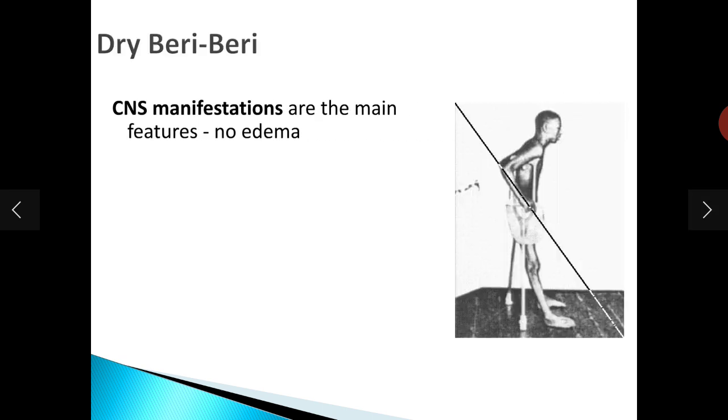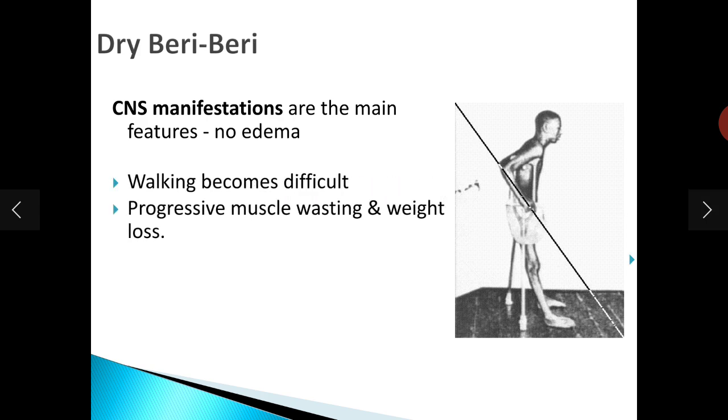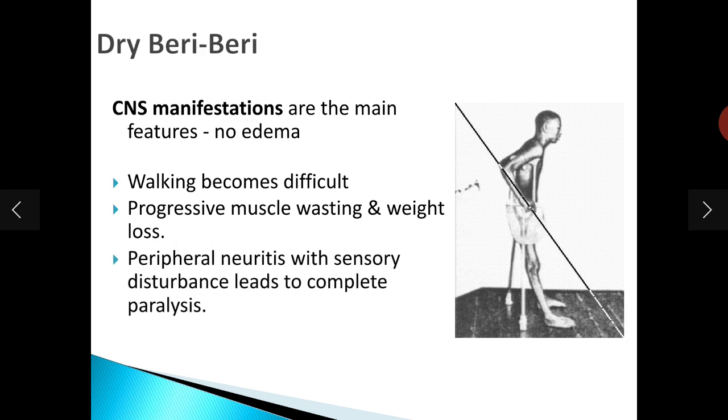Coming to the dry beriberi, here you see mainly the CNS manifestations, that is central nervous system manifestations. Here there will be no edema, you don't see any edema, and the walking becomes difficult, and there will be progressive muscle wasting and weight loss.